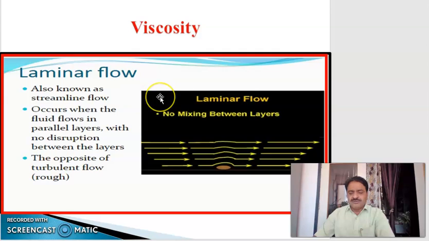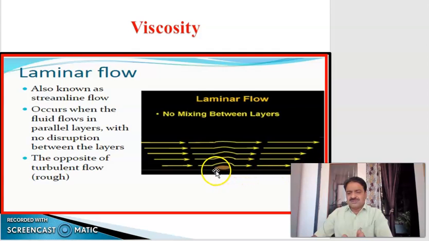Laminar flow. This laminar flow is also known as what? Streamline flow. From this streamline name, it is clear that such layers are here. You see this layer. These layers are not mixing with each other. They are propagating individually in a straight line.